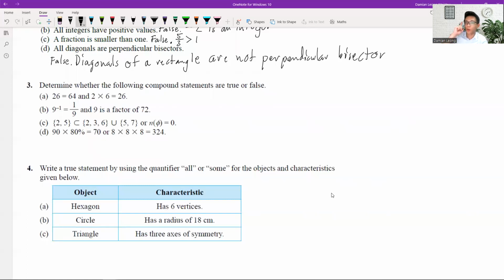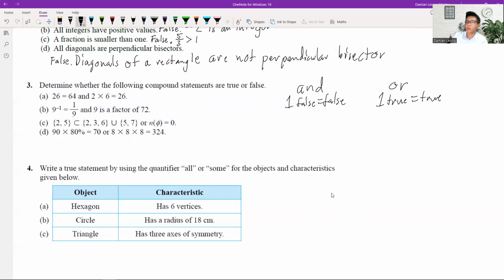So for AND statements, if one of it is false, then it's false. Sorry, I got it wrong. For OR statements, if one of it is true, then the whole thing is true.